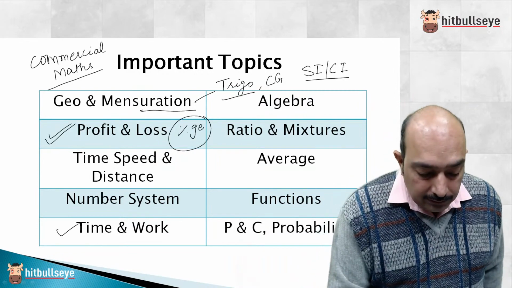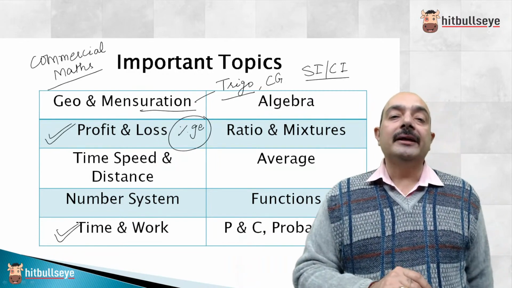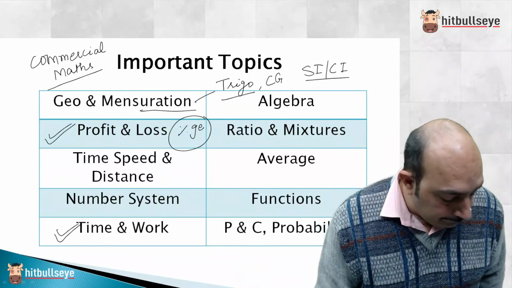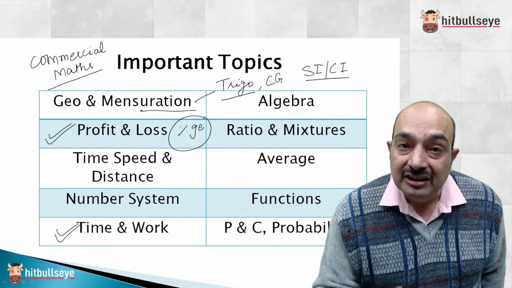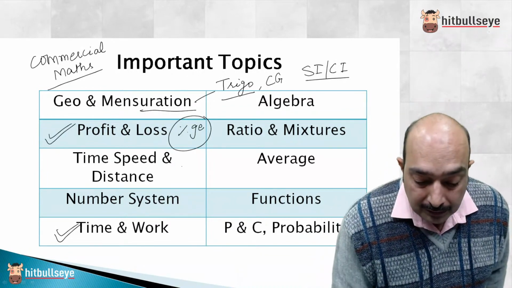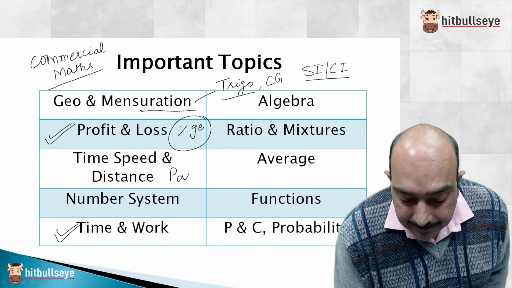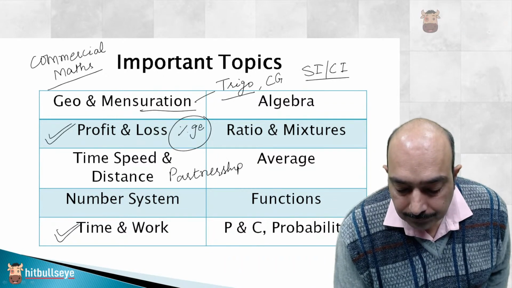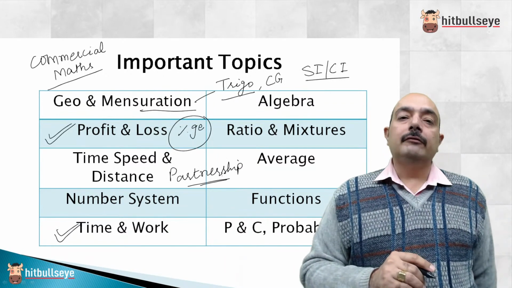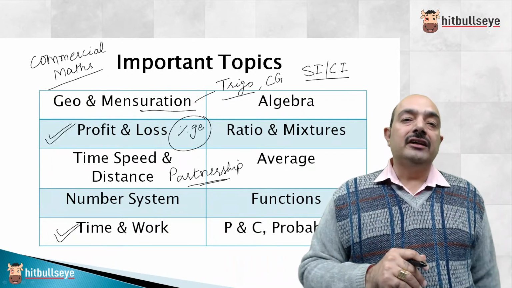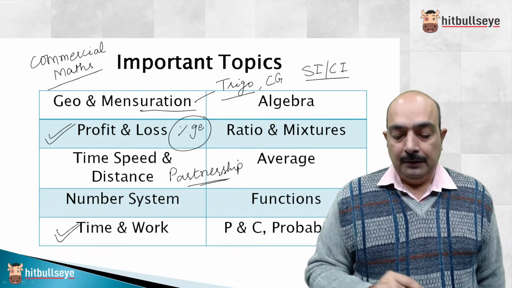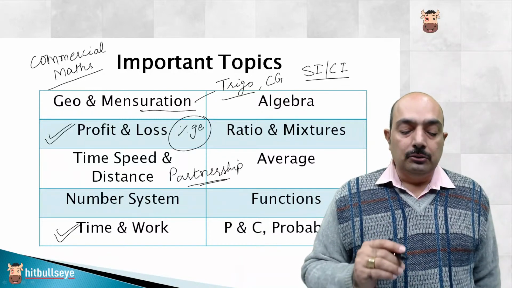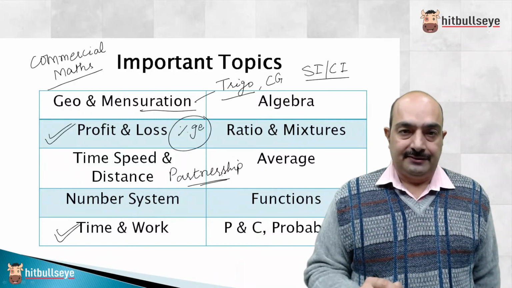Along with that, you may find time and work also coming in this particular commercial maths, right? Then there could be some more. For example, you can have a topic which is named partnership, quite important, and one of the key areas when we talk about commercial maths. These are the very scoring areas which you need to do always.